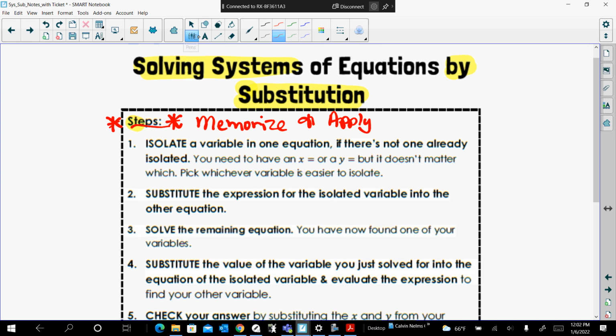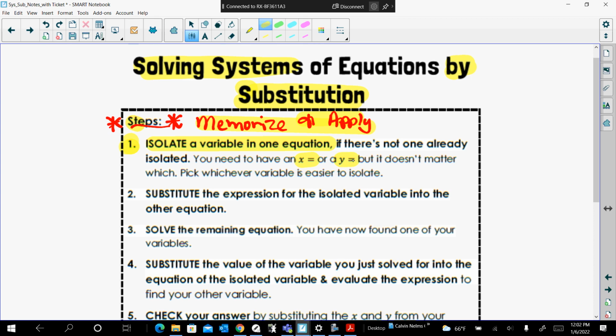I'm going to talk about the key information in the step, and some things to do for that step. Step 1 says isolate a variable in one equation if they're not already isolated. So basically, you just need to isolate a variable in one equation. To isolate it, it needs to look like x equals or y equals.